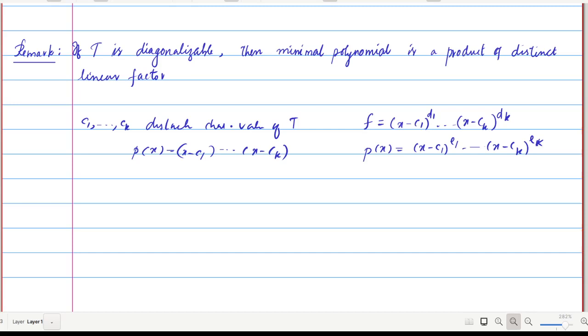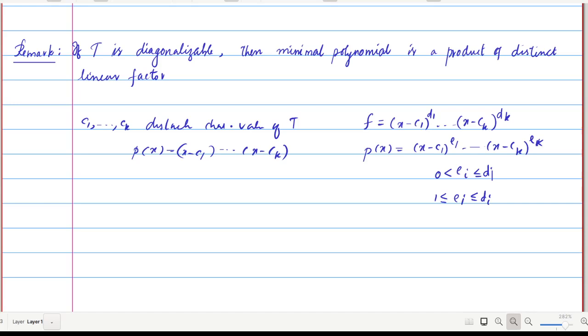So ei should satisfy 0 strictly less than ei, less than or equal to di. That means 1 less than or equal to ei less than or equal to di are the only possible values for these ei's. So the minimal possible value is ei equal to 1 for all i.